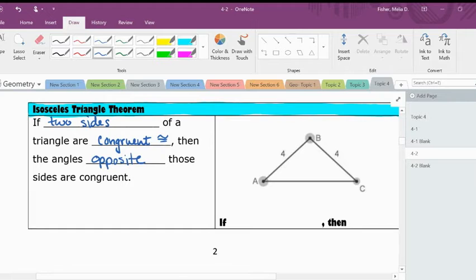In this picture, we have a 4 and a 4, that makes those congruent. So if AB is congruent to CB, then angle A is congruent to angle C.